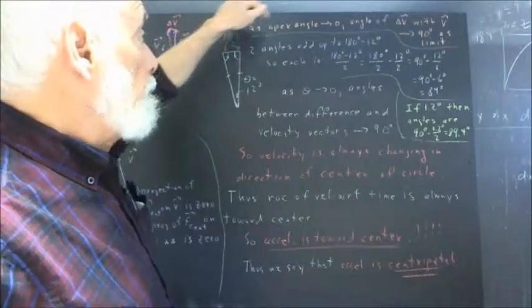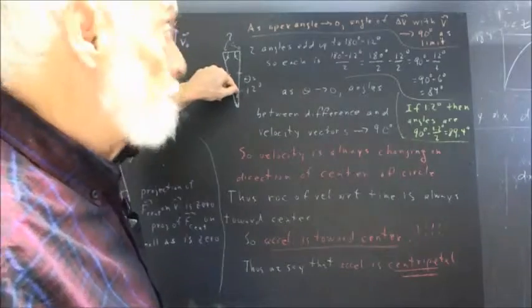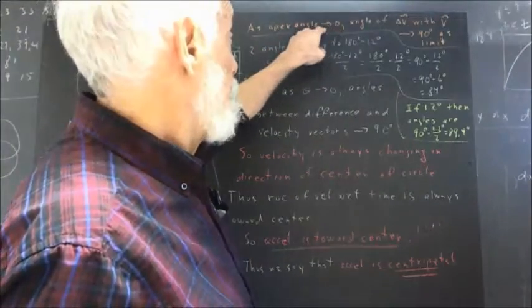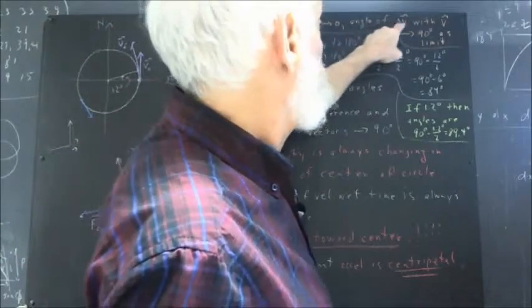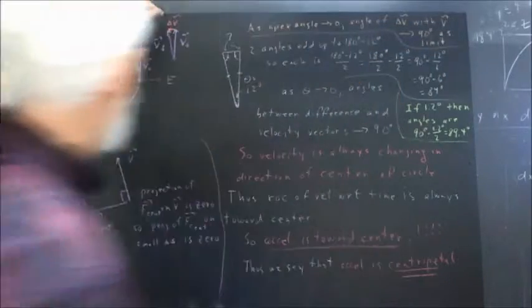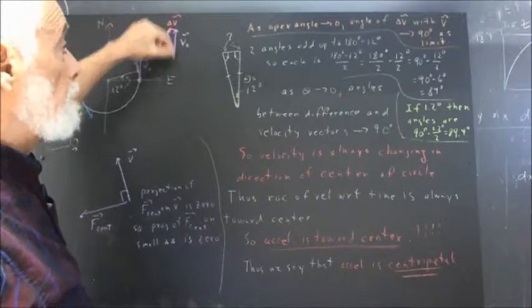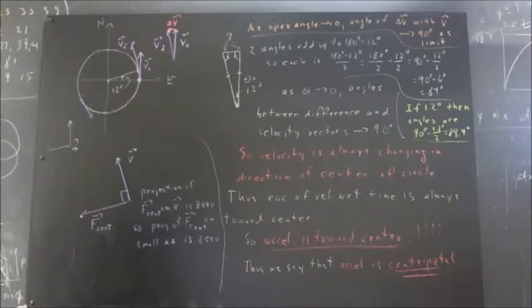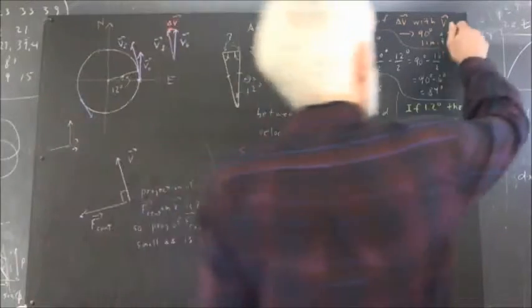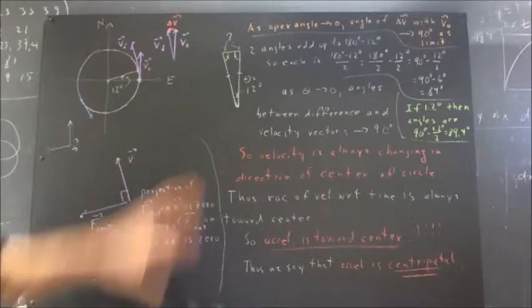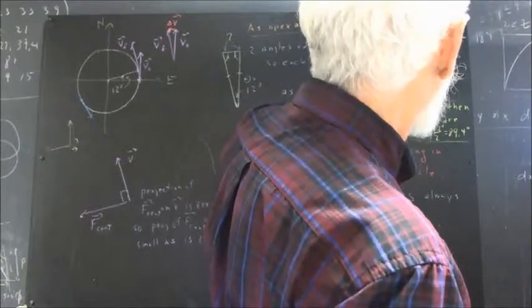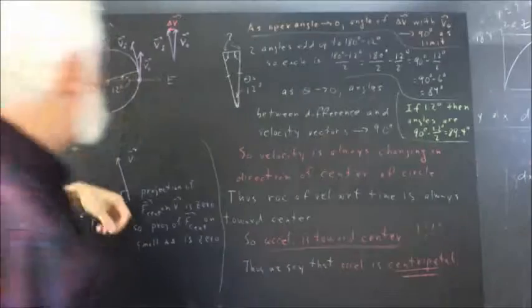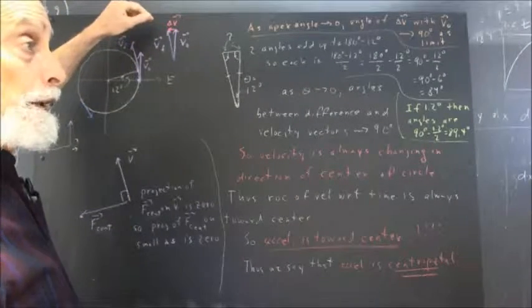So we can say as the apex angle, that's this angle here, approaches 0, the angle of delta v with v, because that's what we're really looking at, there's our delta v and there's our v, and according to the picture that's our v naught, but this will apply to any velocity. The angle of delta v with v naught approaches 90 degrees as a limit.